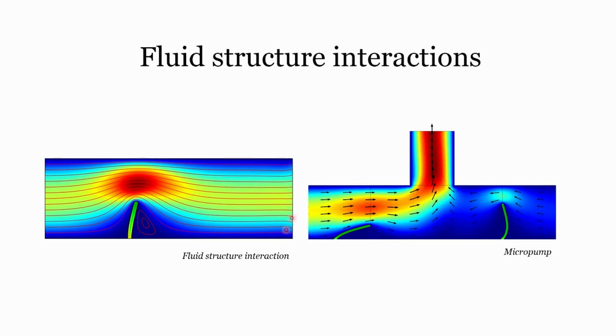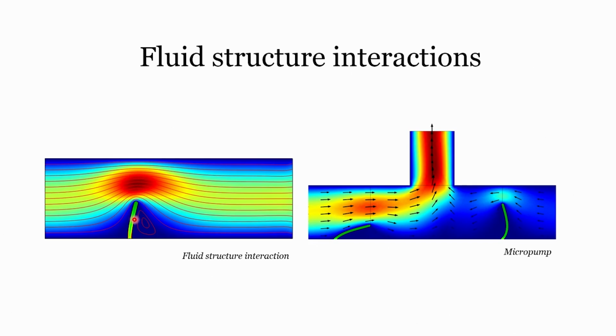So this is a kind of micro pump, and you can see that there are structures which are actually getting bent, right. These are the elastic structures that are getting bent, and we solve this using the fluid structure interaction interfaces. Over here also you can see a structure which is used to obstruct the flow of the fluid, and that is why you can see there is more pressure.